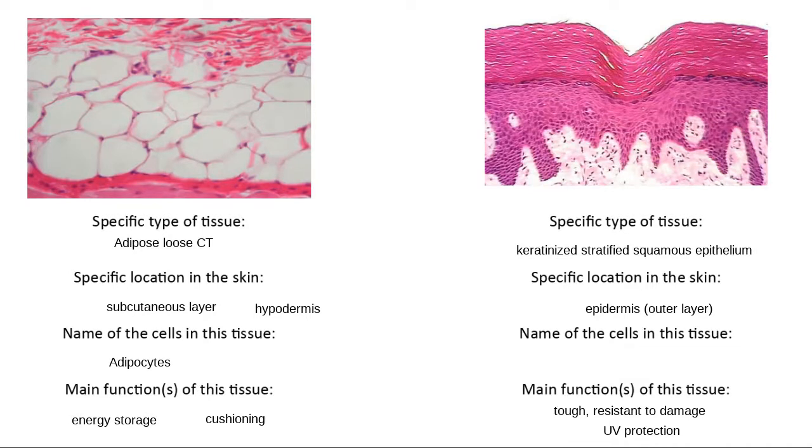So most of the cells in the epidermis are called keratinocytes. Keratin builders, essentially, keratinocytes. So we've got the innermost layer of the skin that has adipose, loose connective tissue. We've got the outermost layer of the skin that has keratinized, stratified, squamous epithelium.